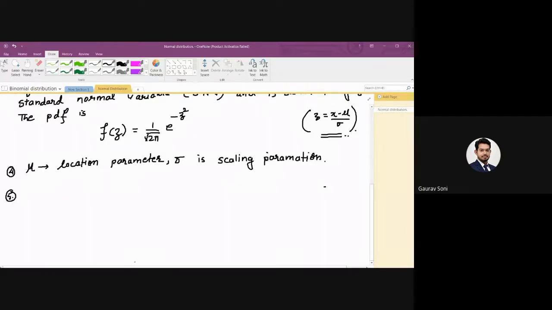If I give you a function f of x and tell you to check whether the given function is a probability density function or not, what will you do?